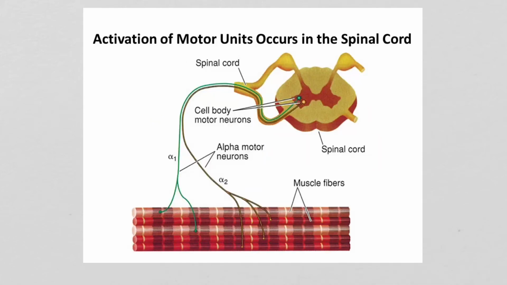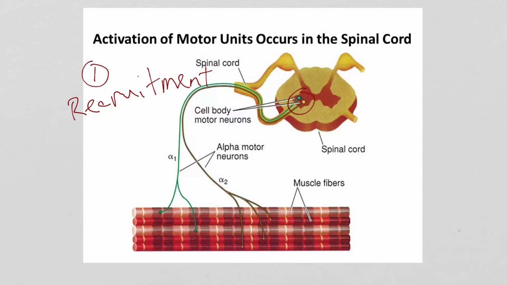This brings us to our first mechanism, which is the activation of motor units, and we know that this is called recruitment. You'll remember this from Anatomy and Physiology 1, where we talked about motor units. So in this figure here, we're showing the cell bodies in the spinal cord.